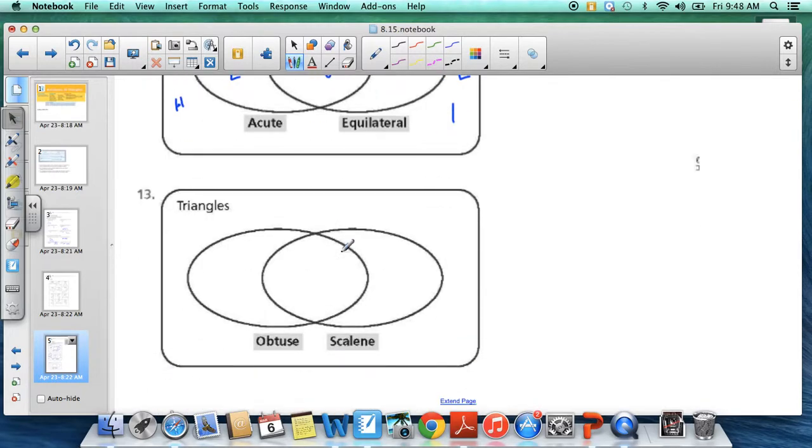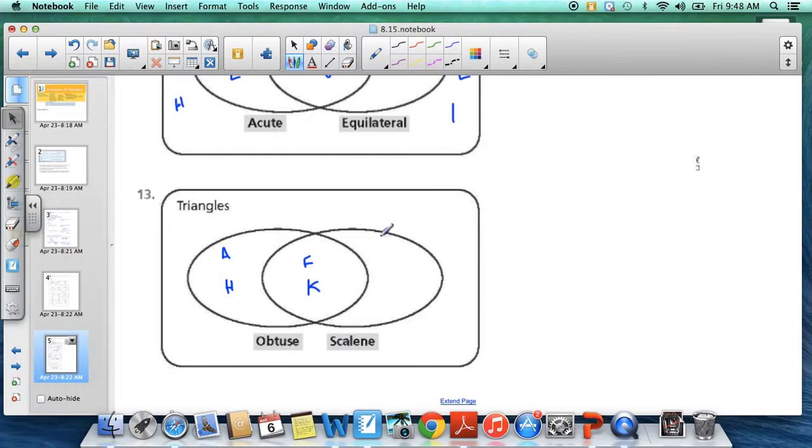Triangles, so obtuse and scalene. Remember, obtuse has an angle larger than a 90-degree angle, and scalene has no congruent sides, so none the same length. So let's just fill these in real quick. A, H, F. In the middle, triangle F and triangle K have both of these similar attributes.